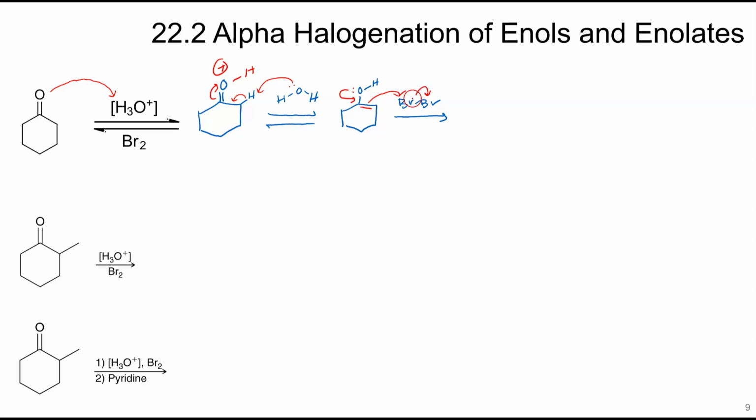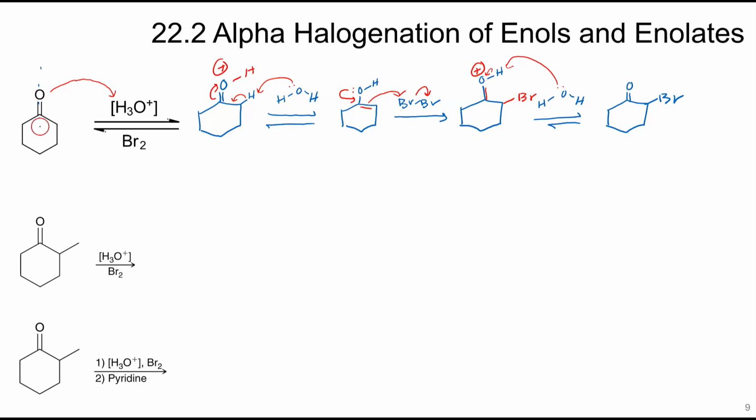The new bond will form to the alpha carbon. And we can just abstract that proton. So that is one way to brominate at the alpha position.